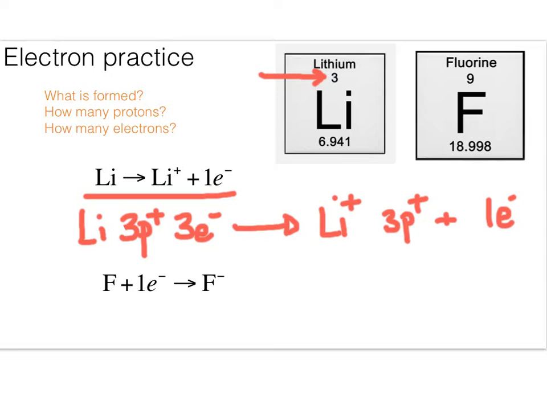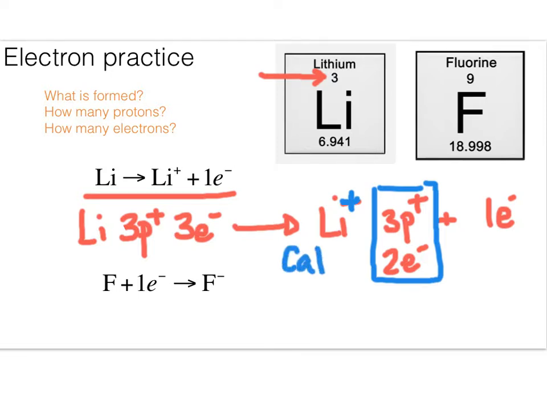Then the question becomes, how many electrons? Well, we lost 1 electron. We started with 3, and 1 of them left, and so now we should have 2 electrons. If we think about charges, this particular lithium atom has 3 positive charges and 2 negative charges. So if we add those together, we should have a net positive 1 charge. And we're going to call this a lithium cation.